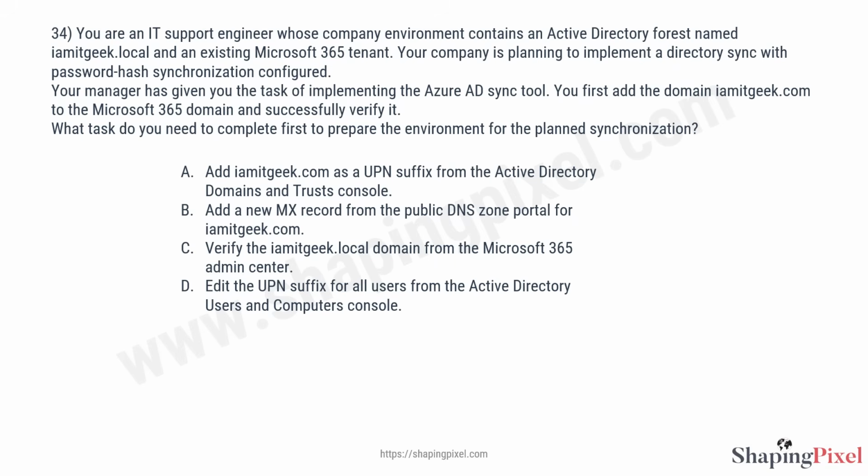Option D, edit the UPN suffix for all users from the Active Directory Users and Computers console. So the right answer here is option A, add imitgeek.com as a UPN suffix from the Active Directory Domains and Trusts console.